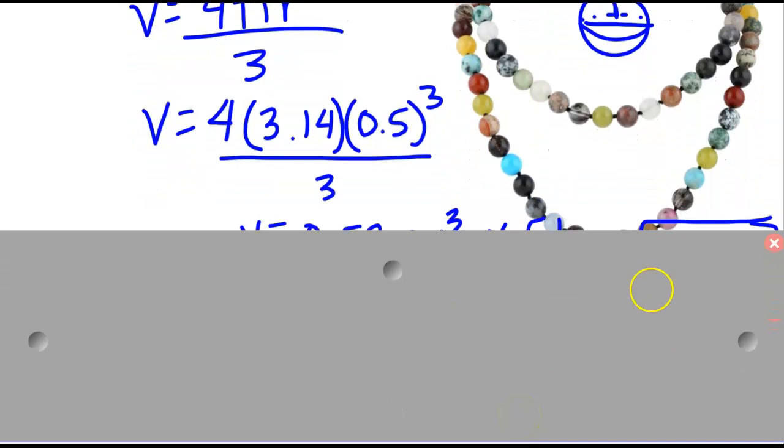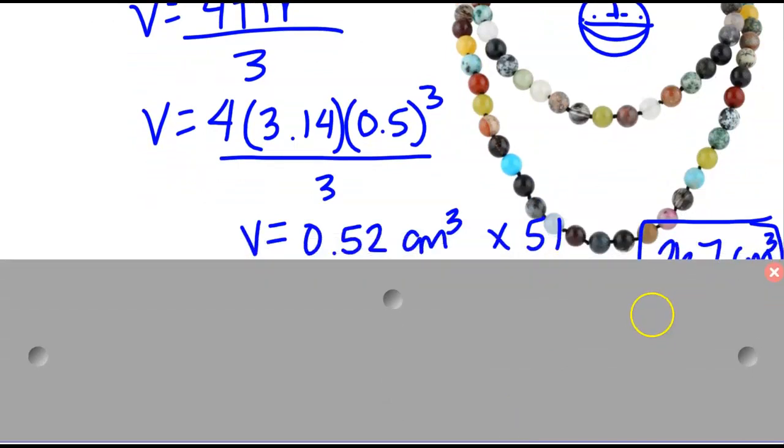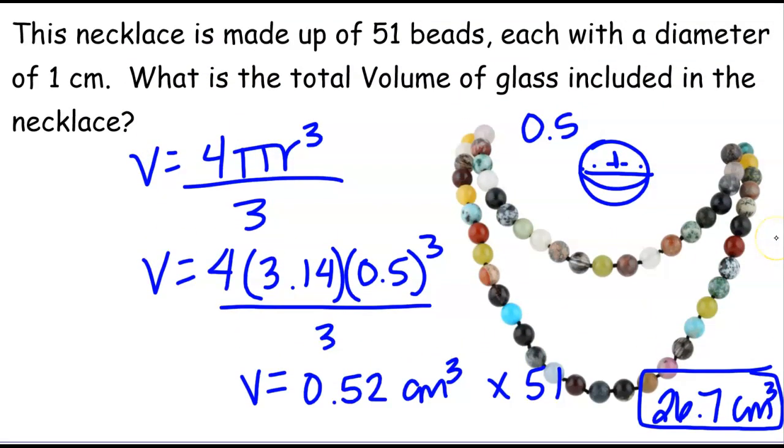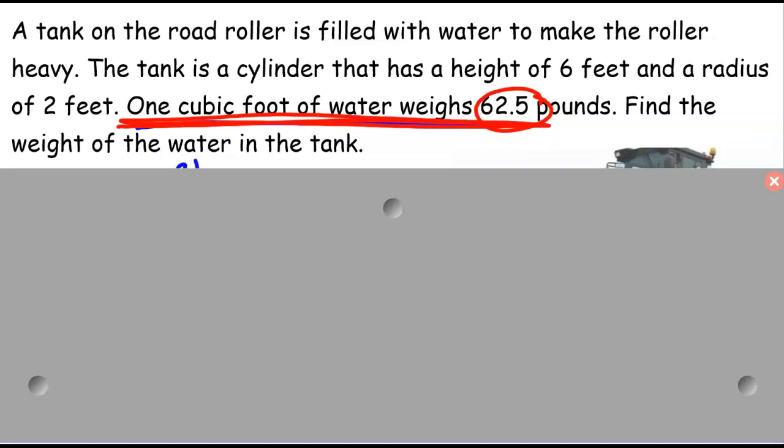And as I work through this, I am going to see that that is 0.52. Now, that is for one bead. I need to take it times 51 because I do have 51 beads, and I get a total of 26.7 centimeters cubed.